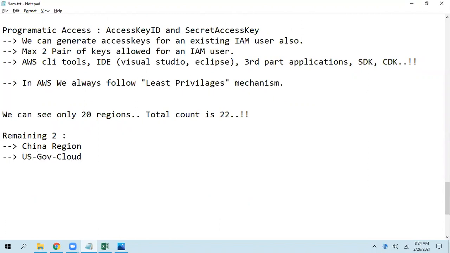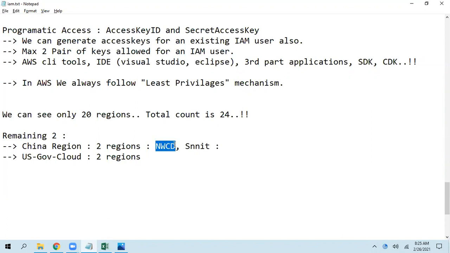China has its own trading policies. In China we have 2 regions, and in US GovCloud we have 2 regions. You cannot directly invest in China and run your business there. So what Amazon did is partner with NWCD and CNET, Chinese-based companies.